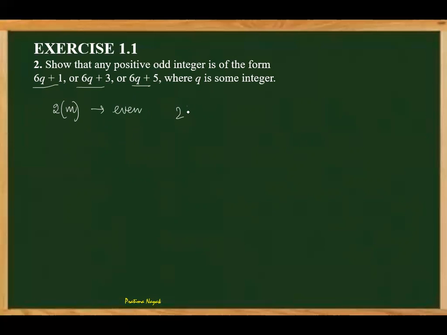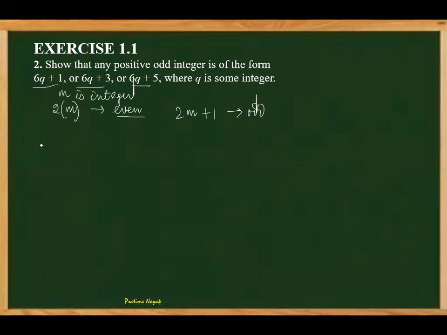If any number is 2m plus 1, where m is an integer, then 2 into m is even. You know a multiple of 2 is even, and 2m plus 1 is always odd.